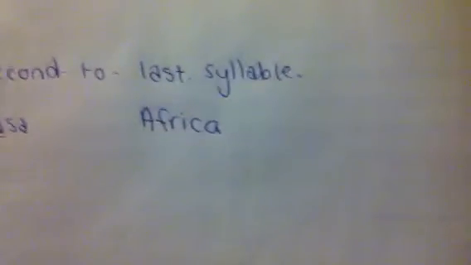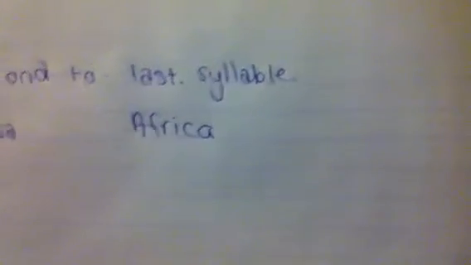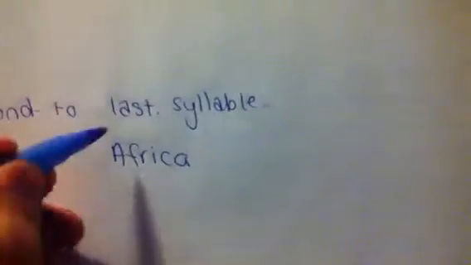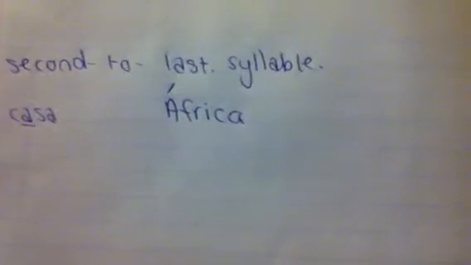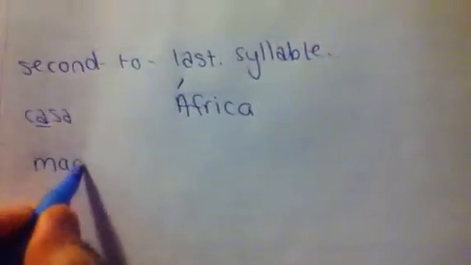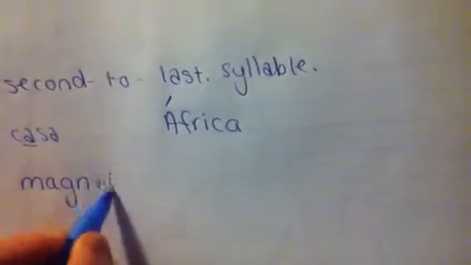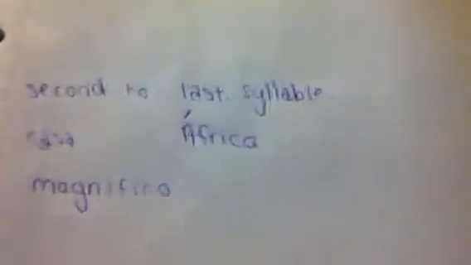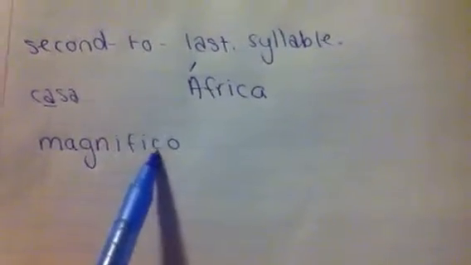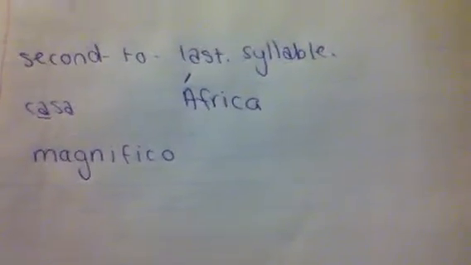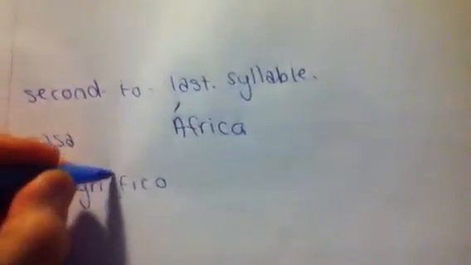So, to let you know that it's África, not Africa, like you would naturally say it, you need an accent on the A. How about another word? Magnífico. It's not magnifico, so an accent is required on the I to let you know that it's magnífico.